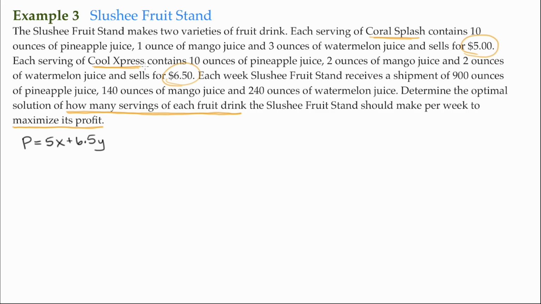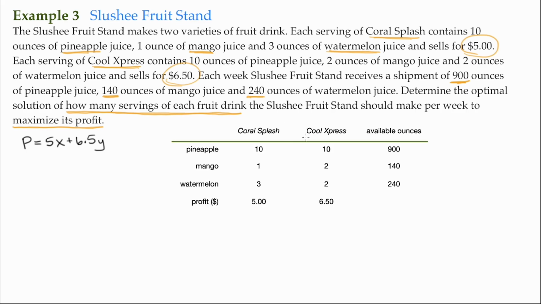Then the rows are the elements that interact with the variables: the pineapple juice, the mango juice, and the watermelon juice. Also remember that within our rows are the totals: 900 ounces of the pineapple juice, 140 ounces of the mango juice, and 240 ounces of the watermelon juice. So now that we have all our elements together, our table is going to look something like this.